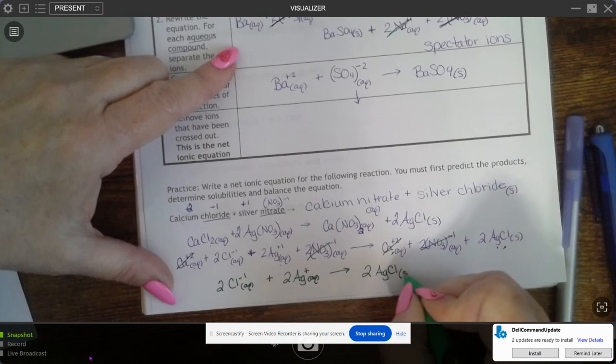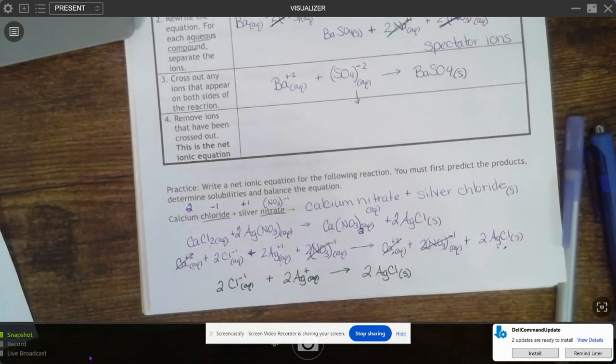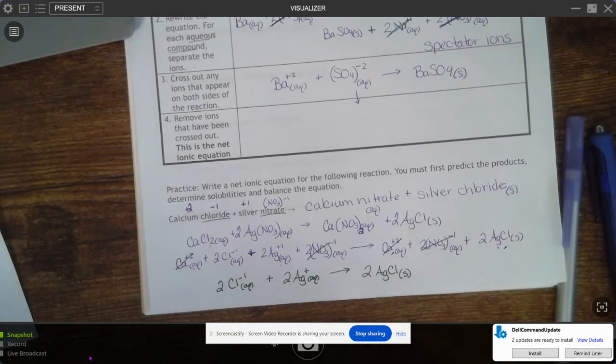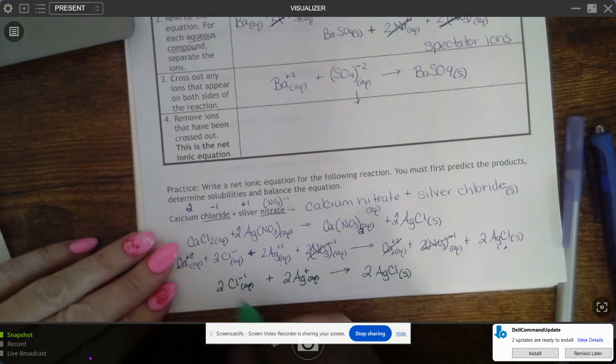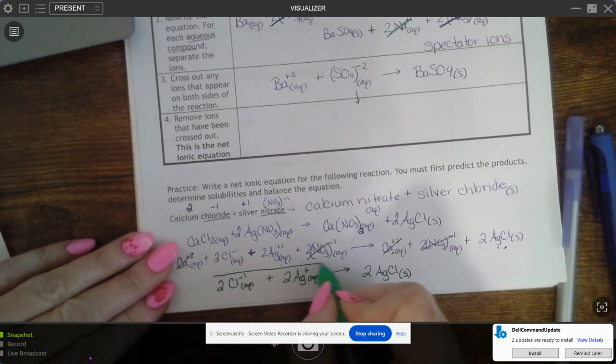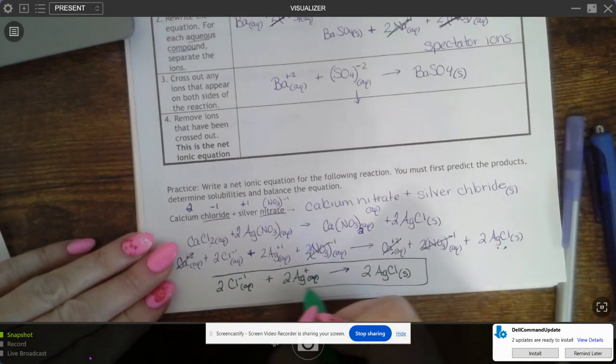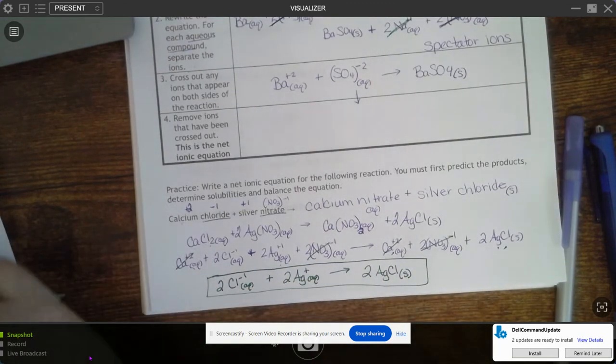Those react to give me 2 silver chloride. Basically, with net ionic equations, you're breaking things apart. Anything that's aqueous, anything that dissolves in water, you're breaking it apart and then canceling anything that appears on both sides, so that when you get down to it, you simply have what's really happening in the reaction.